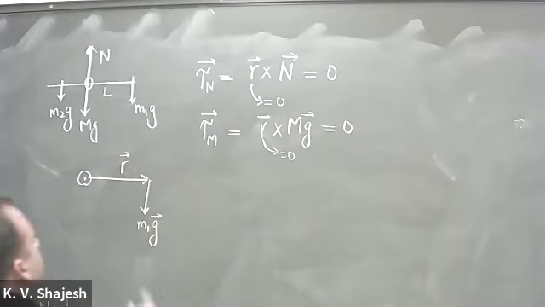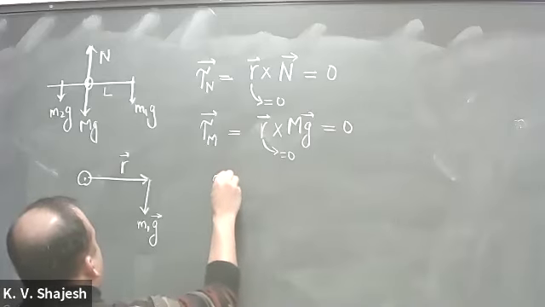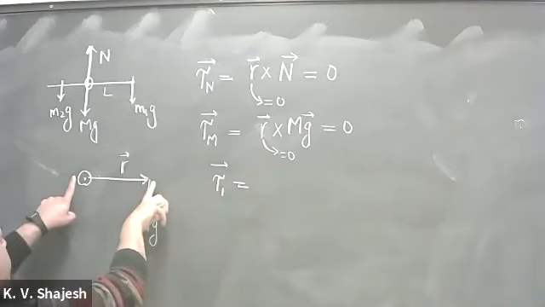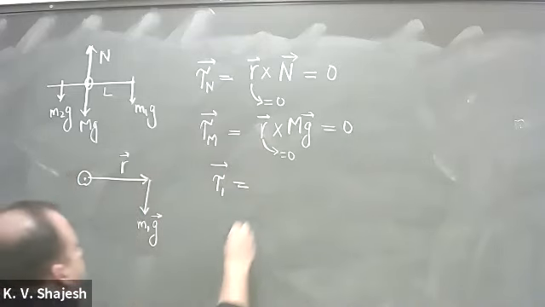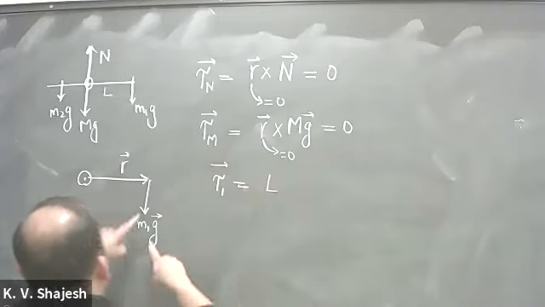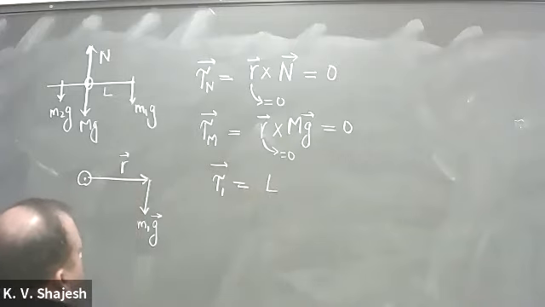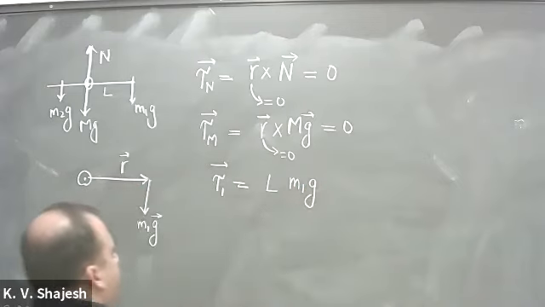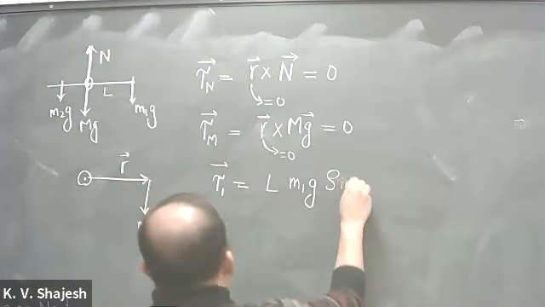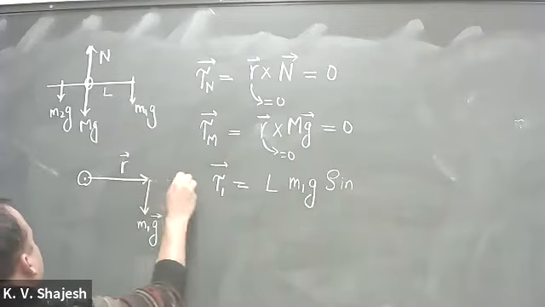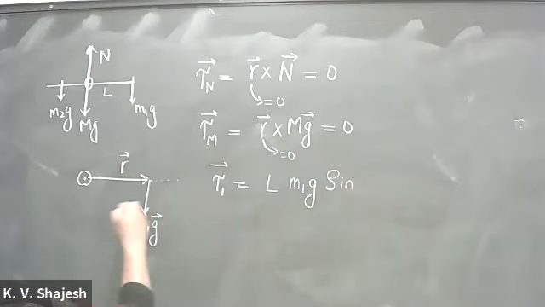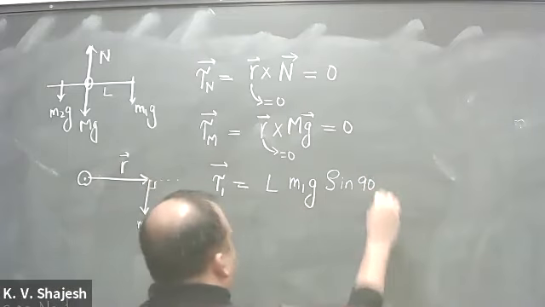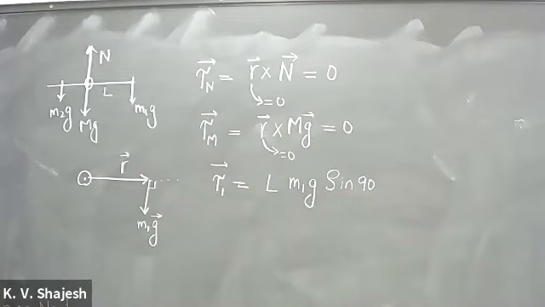The torque due to the first force will be the length of this vector, which is L. The magnitude of this force is M1g. And the sine of the angle between them, you move this way, that's 90 degrees, which makes it 1.